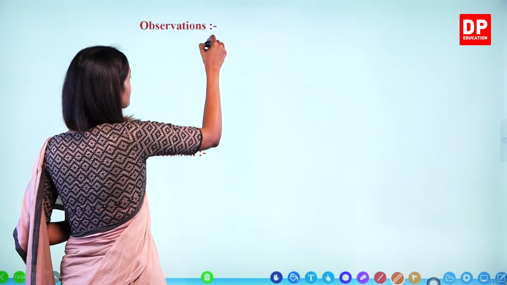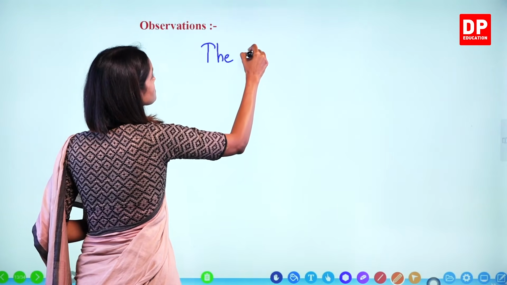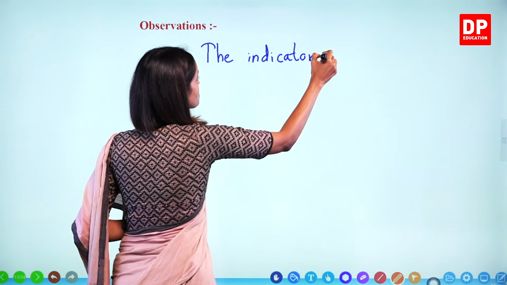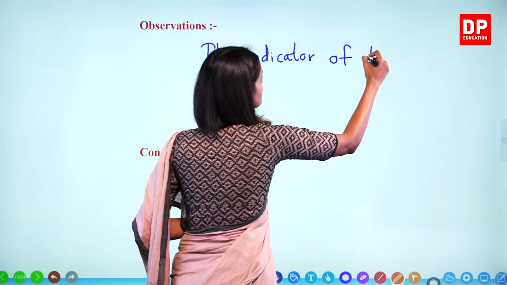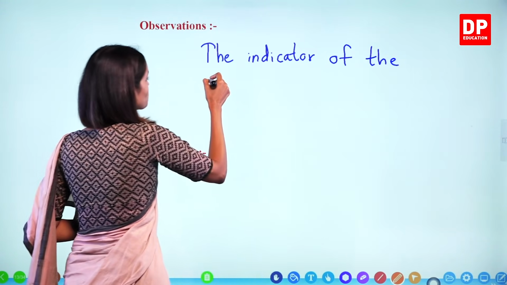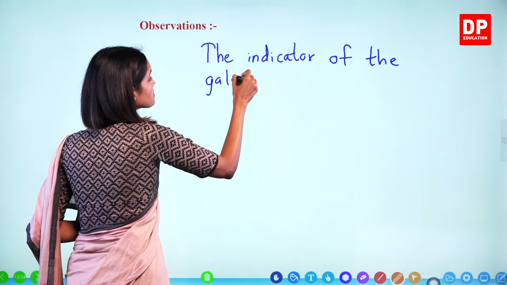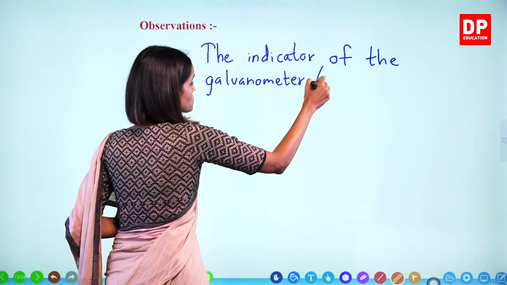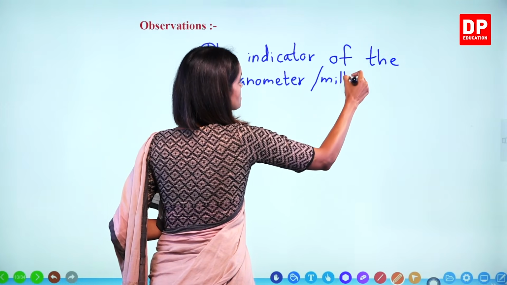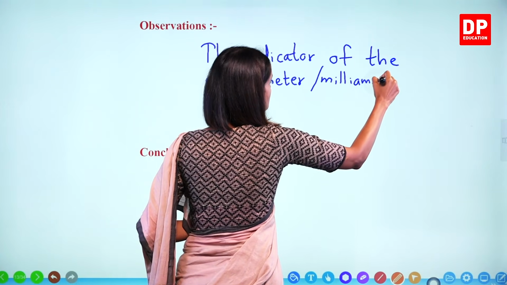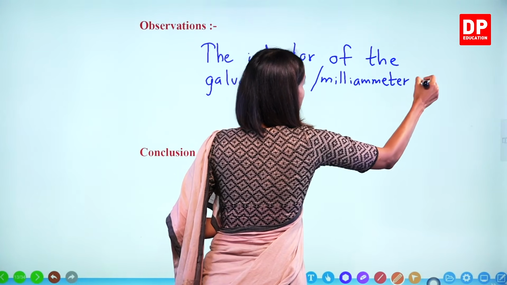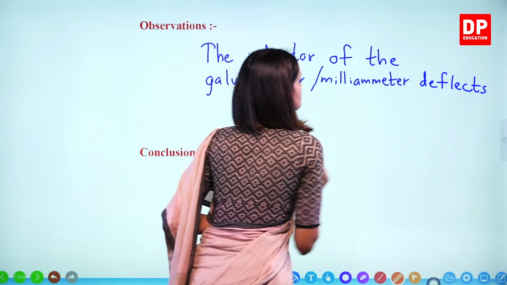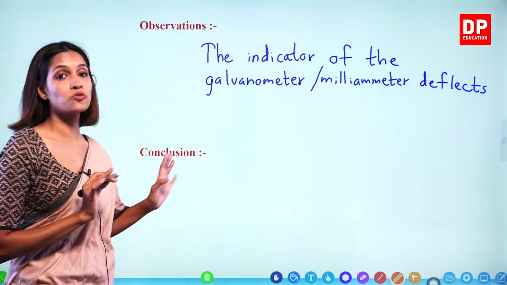observations. The indicator of the galvanometer, you can even use millimeter, deflects or moves.